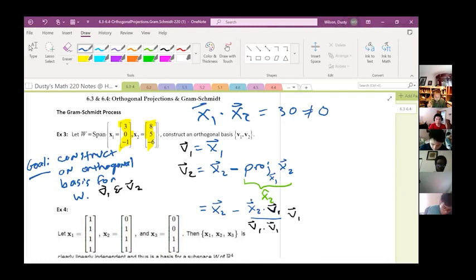This might look really strange. You might say, wait a second, where did that come from? But you might remember this formula as something like y dot u1 over u1 dot u1 times u1.